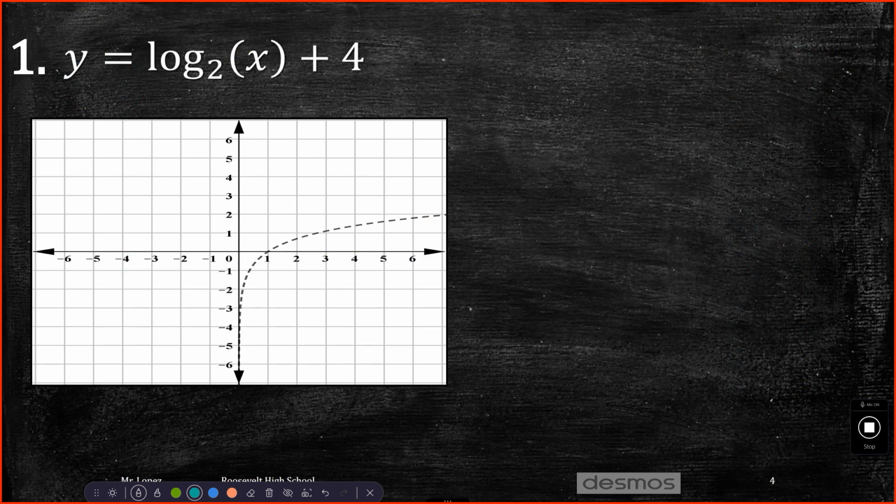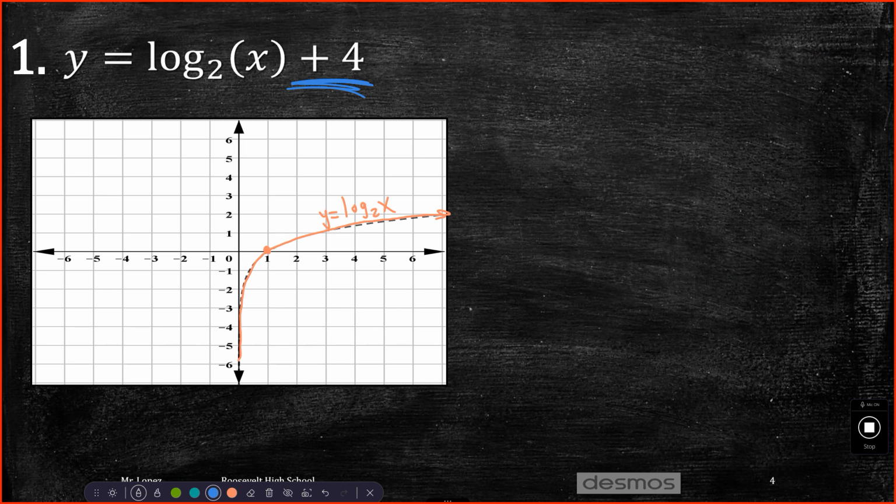Okay, so now that we know that y equals log base 2 of x, and a log function looks like this, it always goes through the point (1, 0). You should know transformations, so this should be very straightforward. What happens when you add 4 at the end of a log base 2 of x function? What's going to happen?